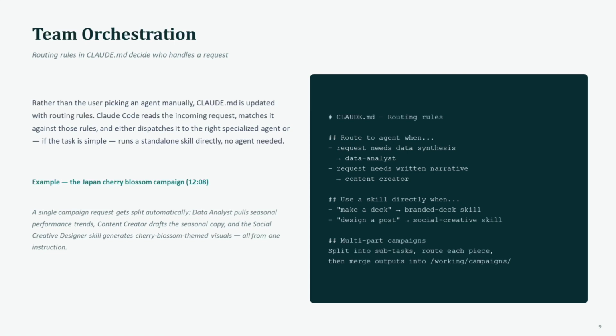Then team orchestration. What is this? Rather than the user picking an agent manually, Claude.md is updated with routing rules. Claude Code reads incoming requests, matches them against those rules, and either dispatches them to the right specialized agent, or, if the task is simple, runs a standalone skill directly.